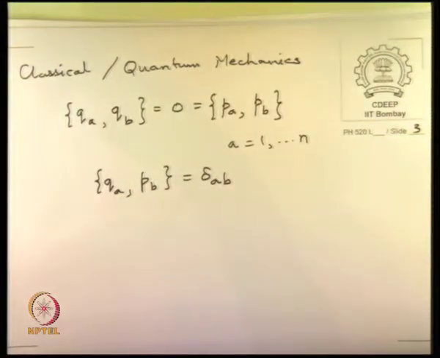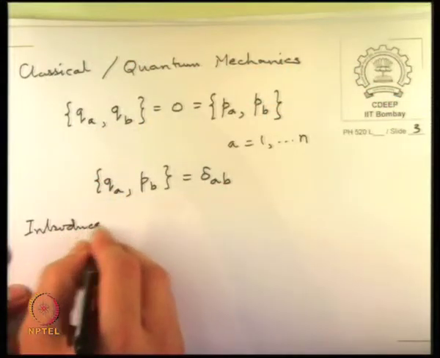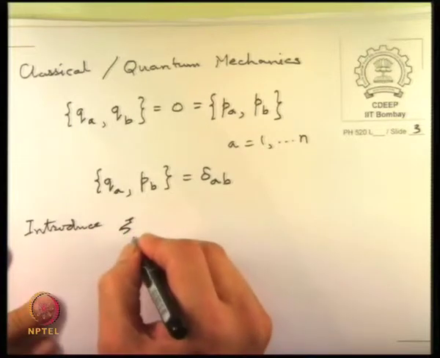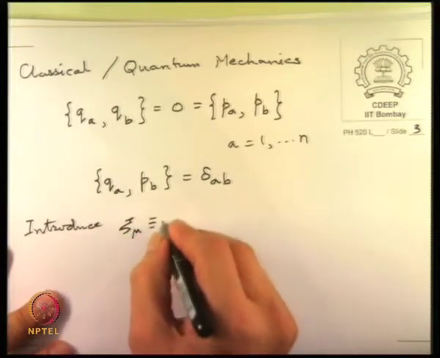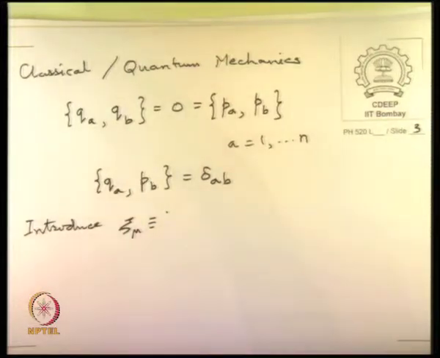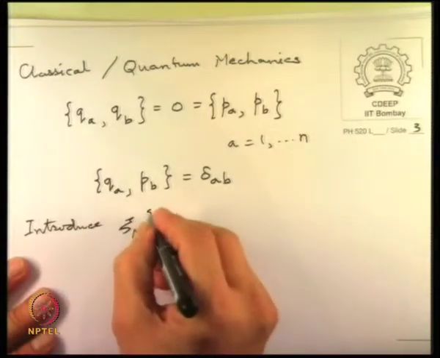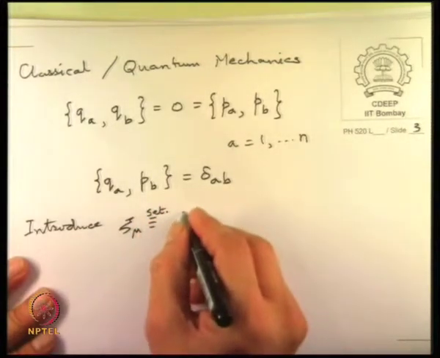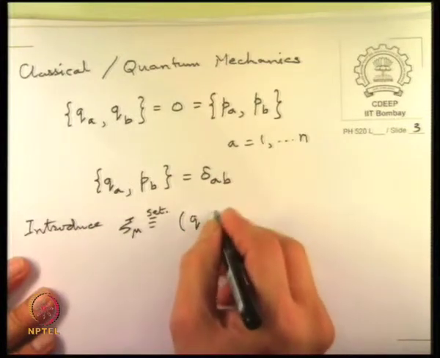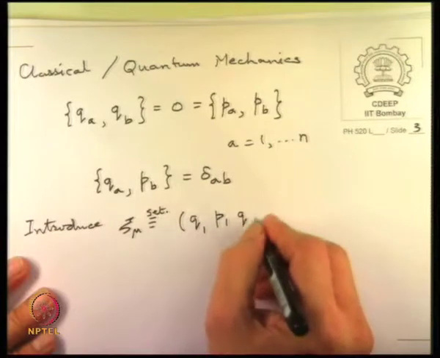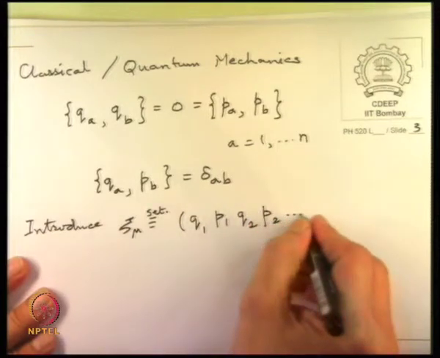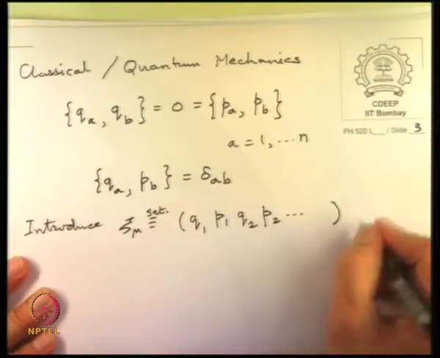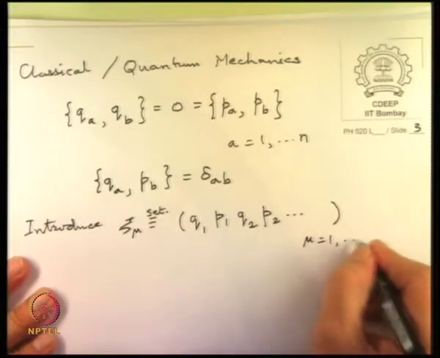So this amounts to introducing psi, which is equal to, as a set, set equality, Q1 or P1 or Q2 or P2, and here mu will then go over 1 to 2n.